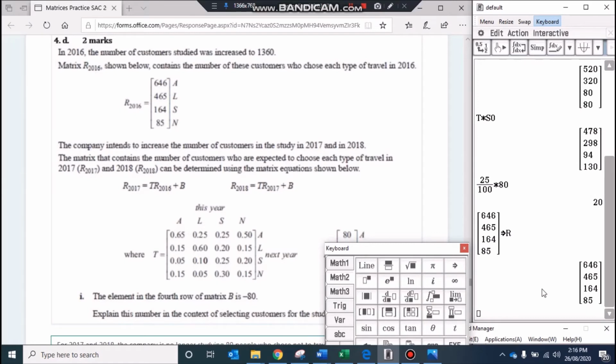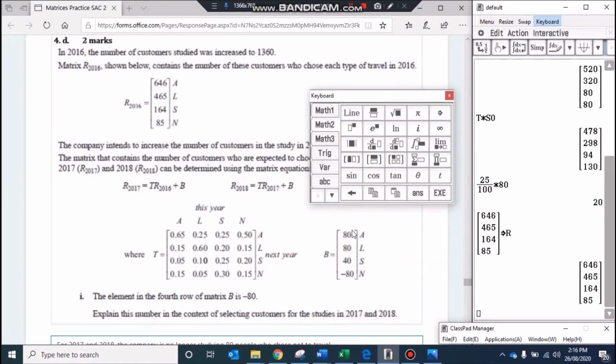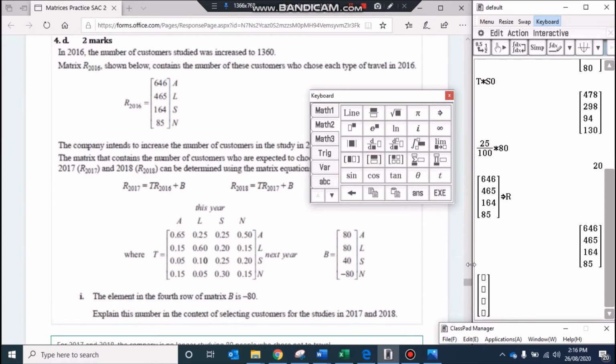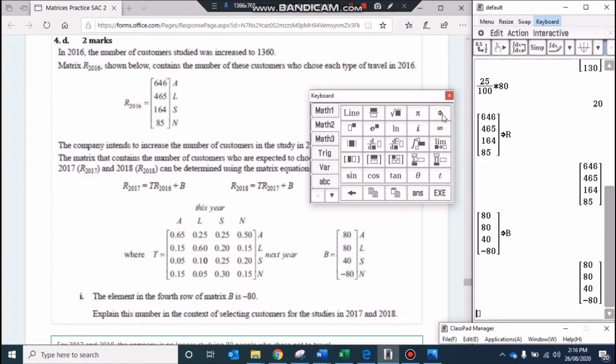We'll leave it as R. Now, I also want to put my B matrix in. Got 80, 80, 40. Now, we've already got all the matrices we need.